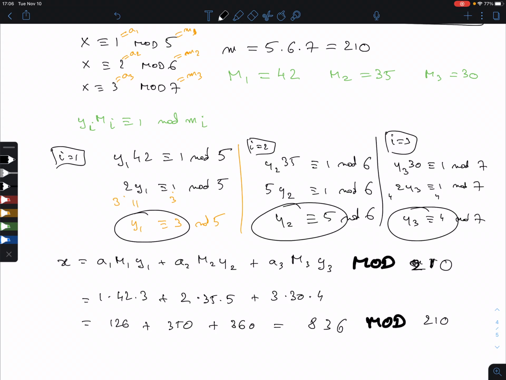So 836 is 3 times 210 plus what is left, that is 206. That's the remainder. It is less than 210, right? So we find the answer is 206.